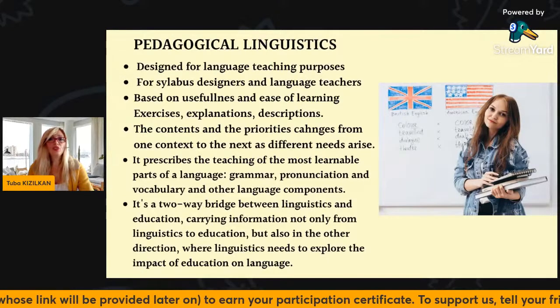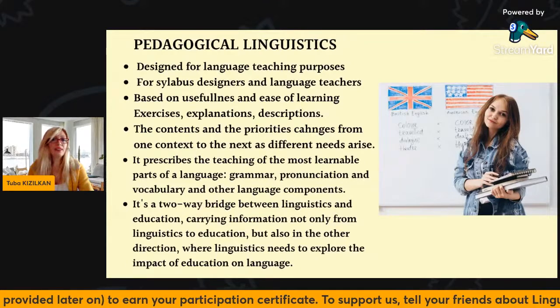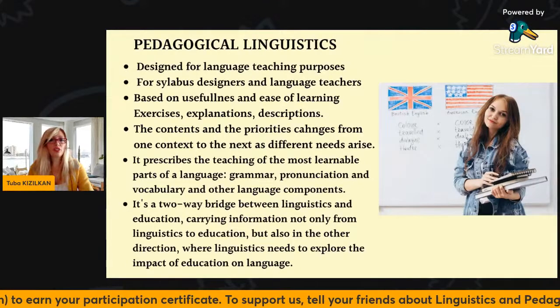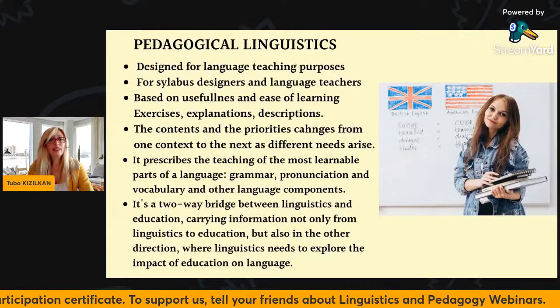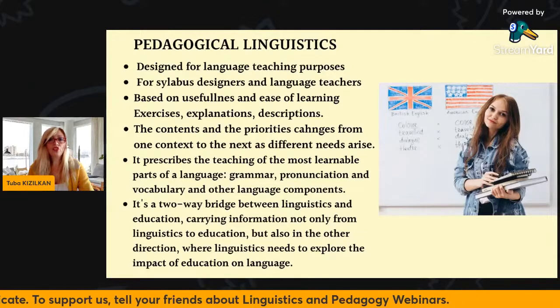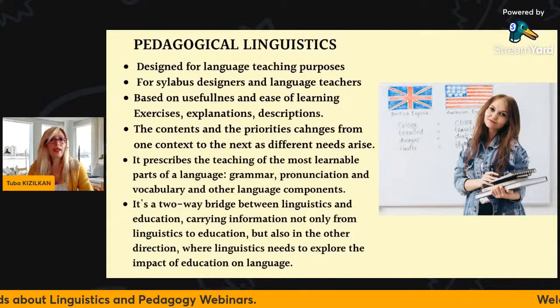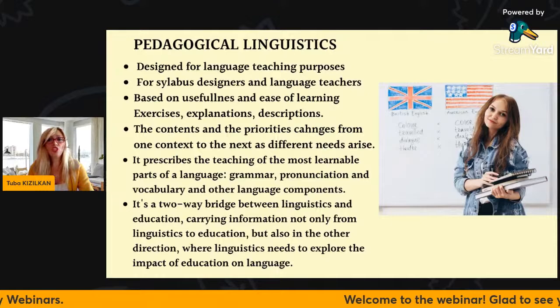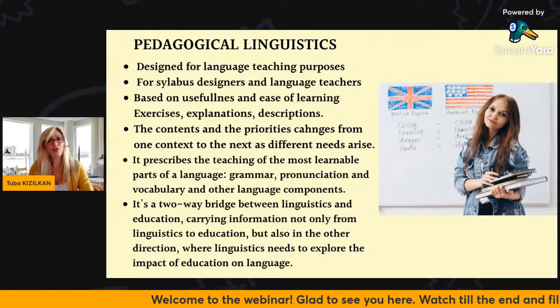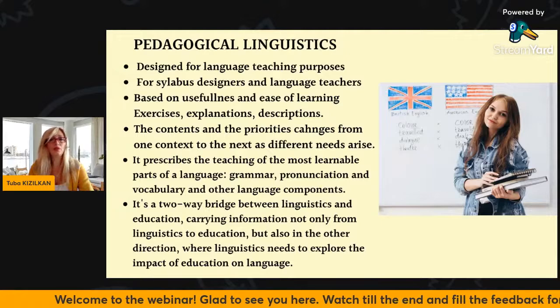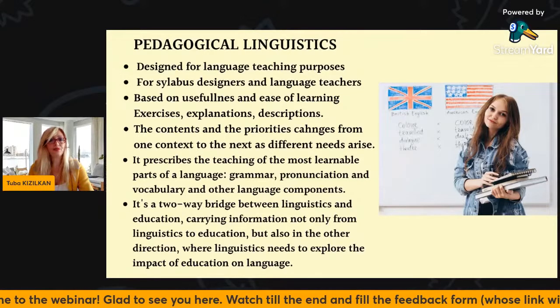And it is based on usefulness and ease of learning, exercises and descriptions, explanations, etc. And the contents and the priorities change from one context to the next as different needs arise. And pedagogical linguistics also prescribes the teaching of most learnable parts of language, for example, grammar, pronunciation, vocabulary, and maybe some other language components.